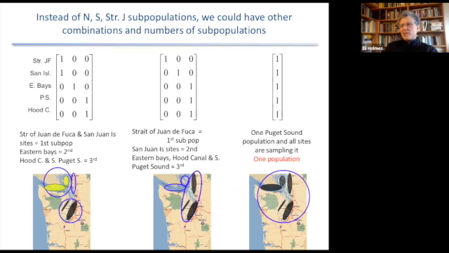Maybe that's how we should think about these data. To express that, we would have one X matrix, one population, and then our Z matrix would be a column of 1s, expressing that they are all observing this one population.